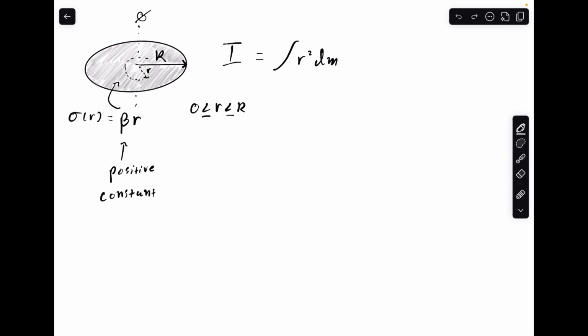Let's visualize a little hoop like that. I'll draw it out. So this is what those little dots I just drew correspond to.